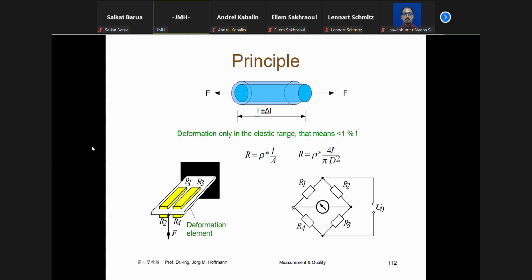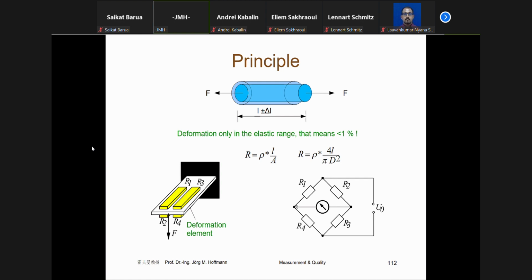And therefore the voltage in the diagonal will not change, because when both resistances go up or down, you have every time the same voltage in the diagonal.